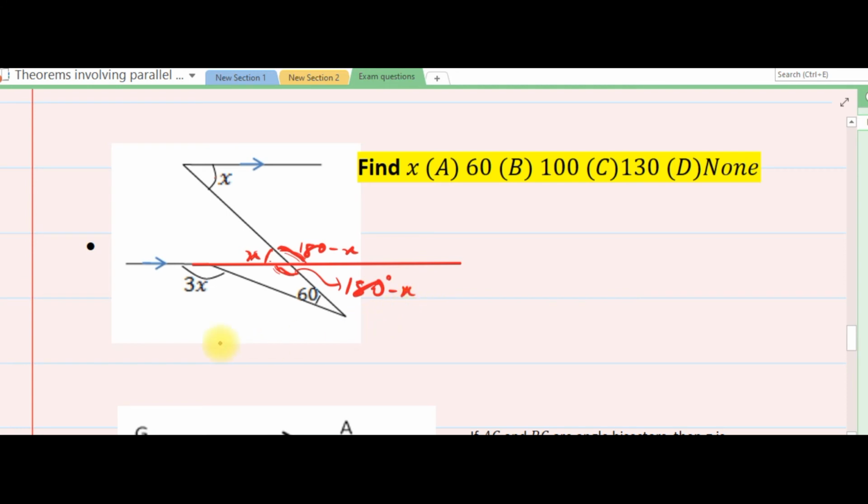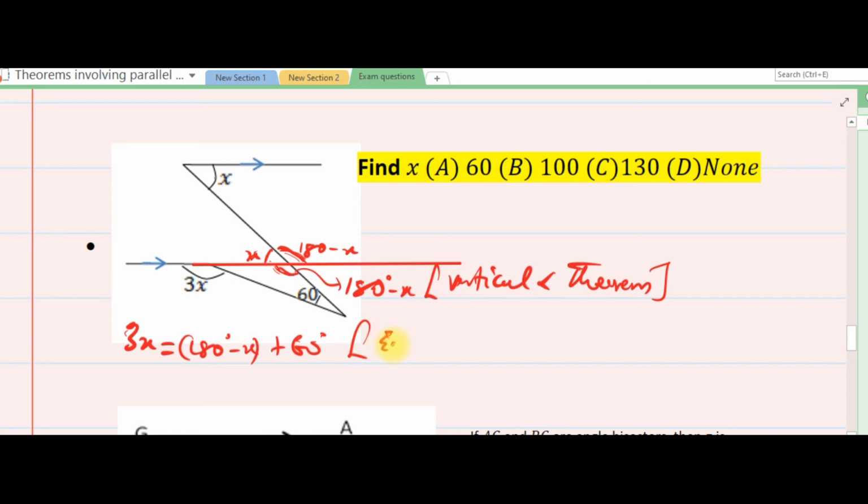Vertical angle theorem. So now if you add, we've known the two remote interior angles, which implies that 3x must be equal to 180 minus x plus 60. Why? Exterior angle theorem.